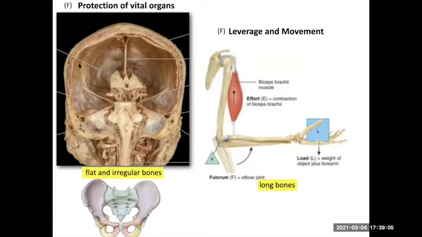But then that whole other part, flat and irregular bones, protecting your brain, your spinal cord within your vertebral column, and like I said, your rib cage, as well as your pelvic region over here. So you can get an idea about the function of these particular types of bones, thinking about what their function is, and how their structure relates to that.